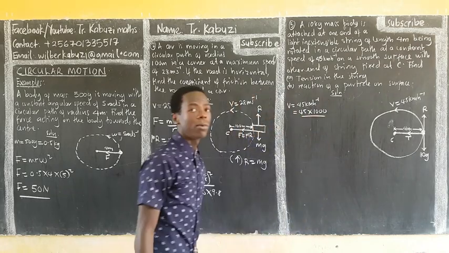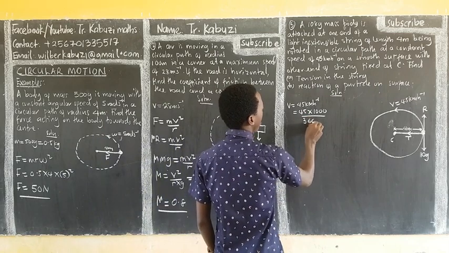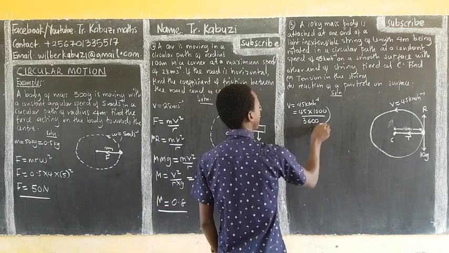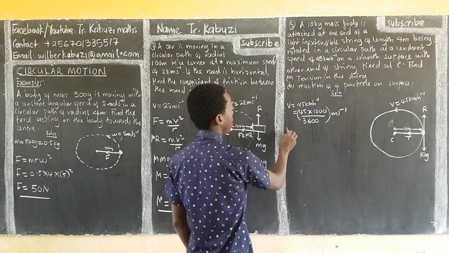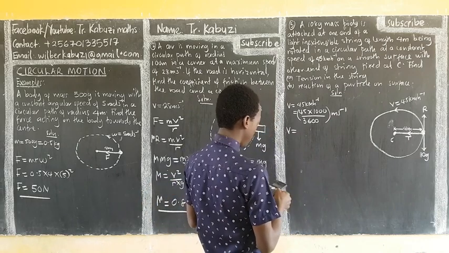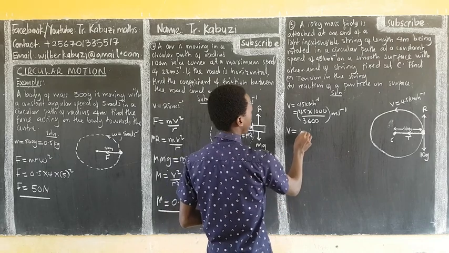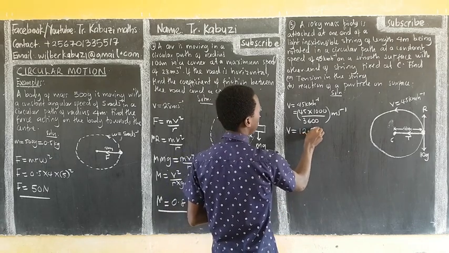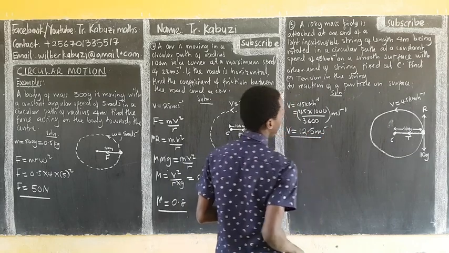It means that we are dividing by an hour, but every hour has 3,600 seconds. Now this one is going to be in meters per second. And we calculate that: 45,000 divided by 3,600 gives 12.5 meters per second. So that is the case.